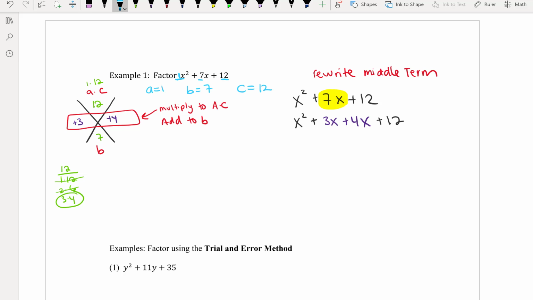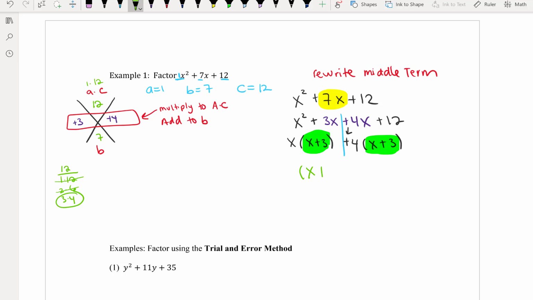From here, I'm going to factor by grouping. The first two terms have an x in common, so I'm left with x plus 3. The last two terms have a 4 in common, so I have an x plus 3. And remember, if that's an addition sign, you want to drop down whatever that sign is. Now I can definitely see that I have an x plus 3 and an x plus 3.